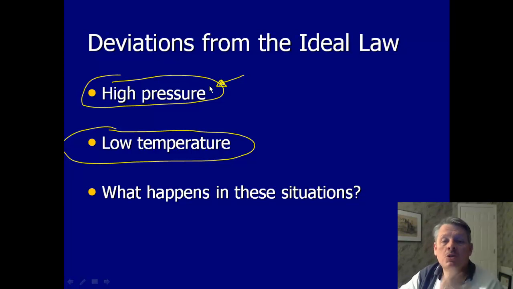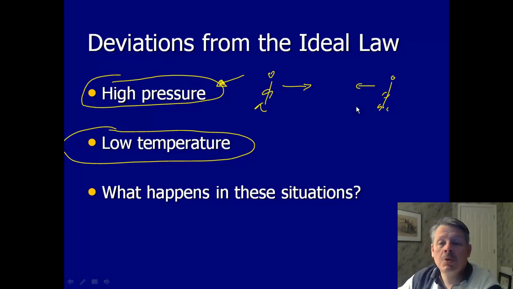Think of it as two people walking down the hall. You have a person walking down the hall going in this direction, and you have another one walking down the hall going in this direction. Well, if they're both running, they're not going to be able to grab a hold of each other as they go by. Or if they're both in cars, going at 60 miles an hour, they can't grab a hold of each other.